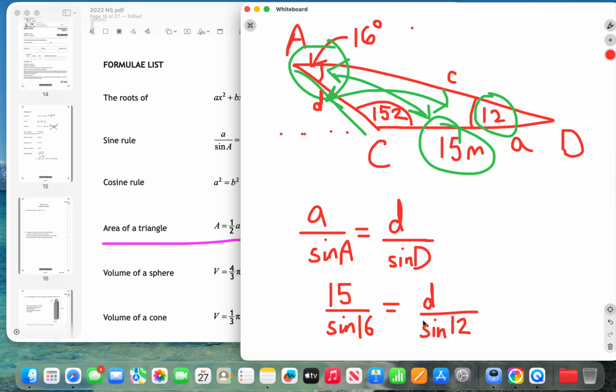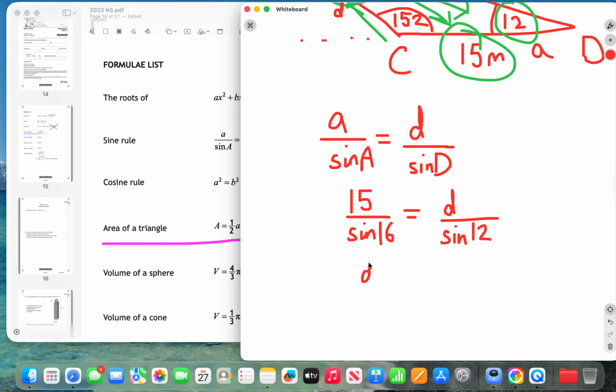Now, we've got the sine of 12 is on the bottom of the fraction. So if you multiply both sides by the sine of 12, you get d equals 15 sine of 12, because the opposite operations. Divide sine of 12, then multiply, then we swap the equation round.